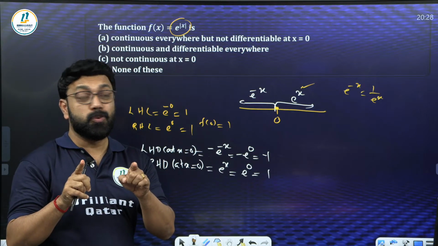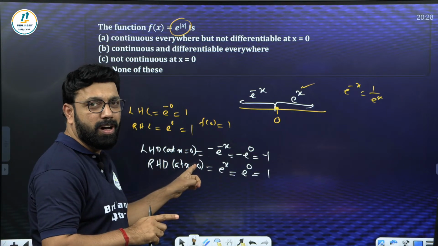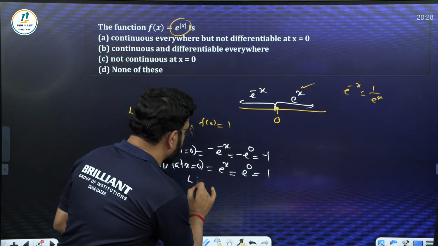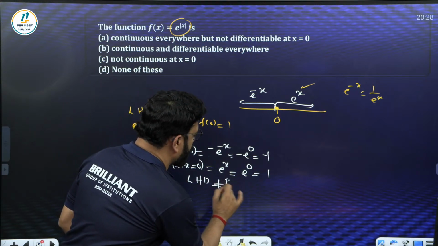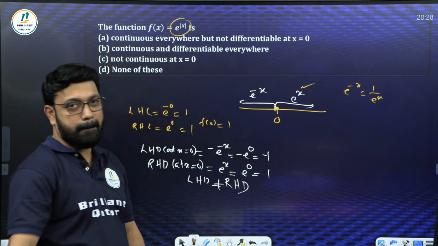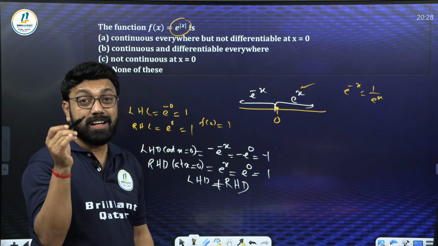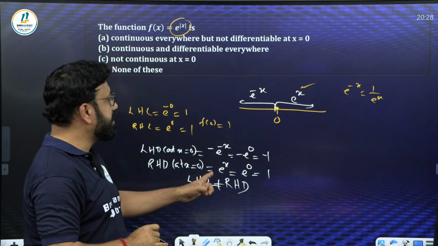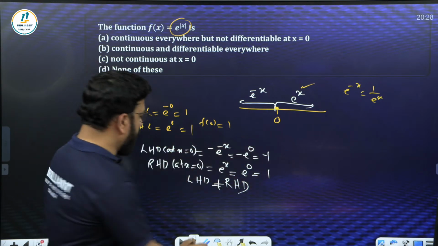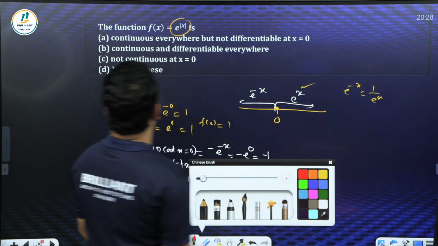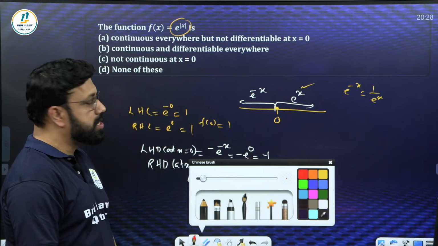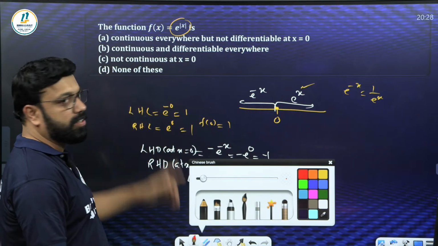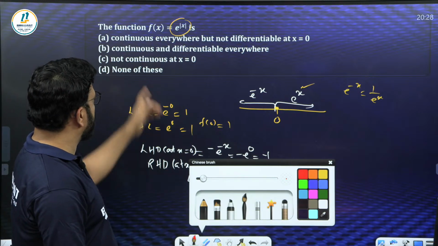LHD is not equal to RHD. Then what's the condition? It is not differentiable at the particular point 0. Then we can check the options. Continuous and differentiable everywhere?